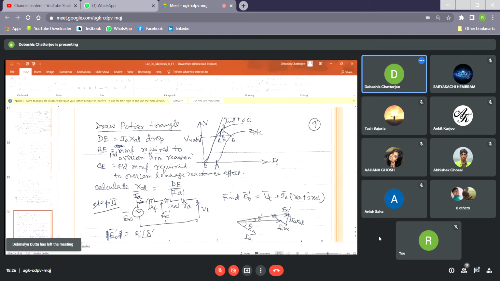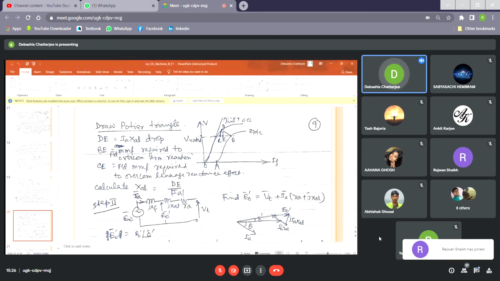This DE represents some voltage because it is parallel to the voltage axis. This voltage is the voltage drop across the armature leakage reactance, IA XAL drop.